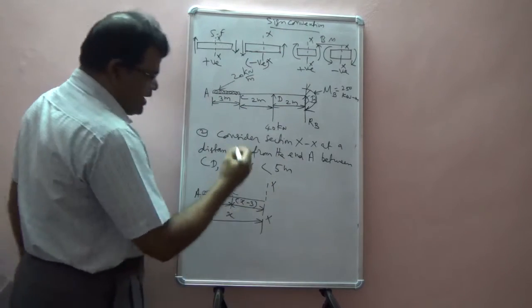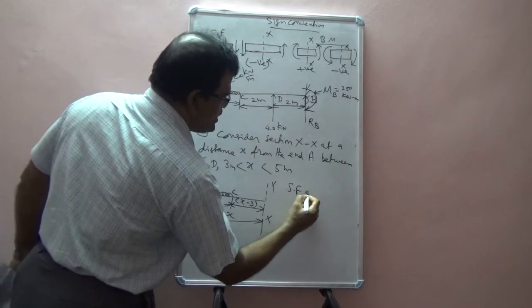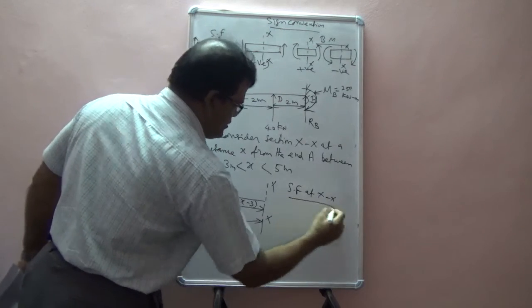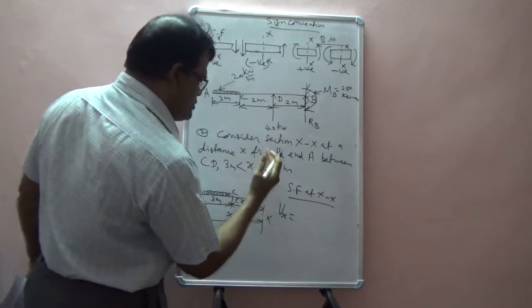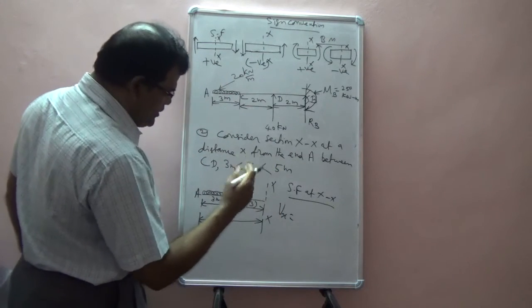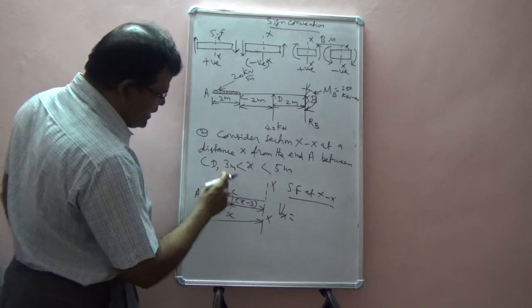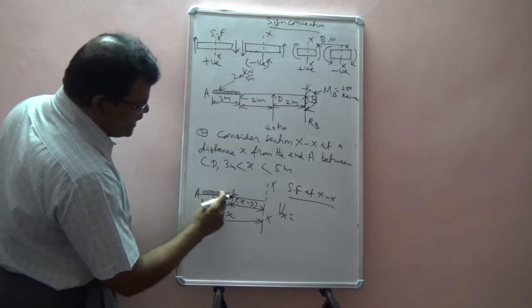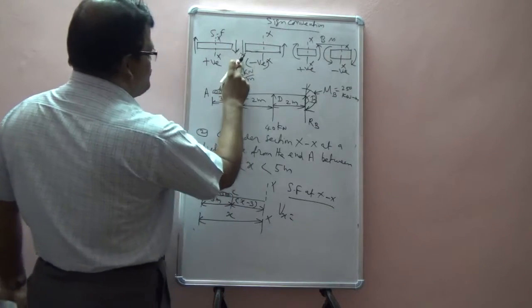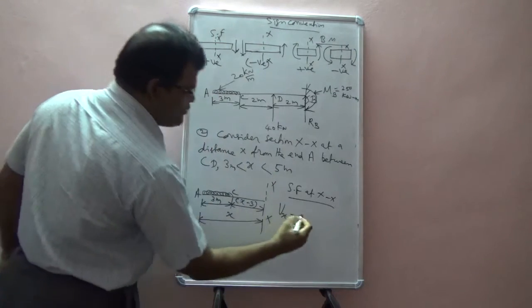As we have done earlier, the shear force at XX, which I denote as Vx, will be equal to, how many terms are there? There is only one force acting downward on the left side of the section. Force acting downward gives a minus sign.